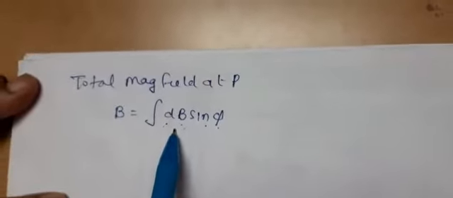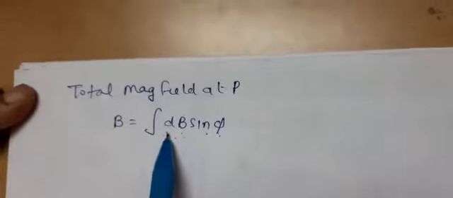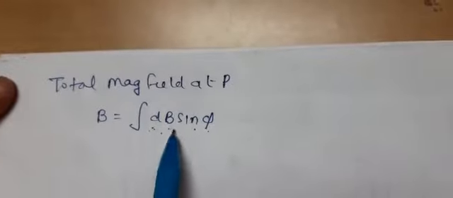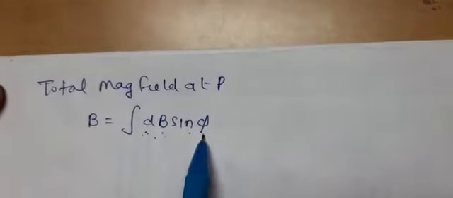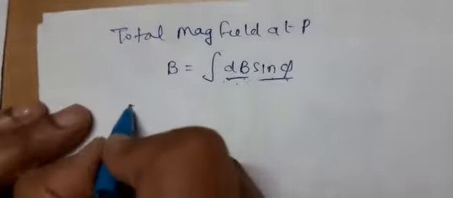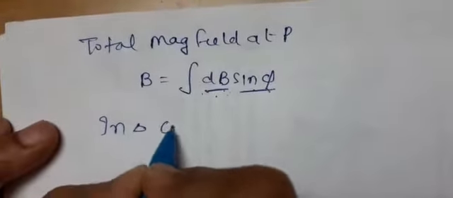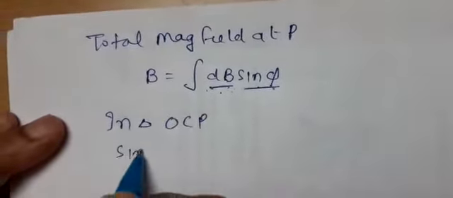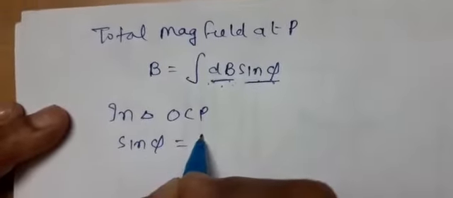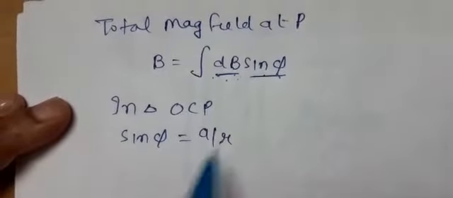This point you have to understand carefully: we only integrate one of the components, because the integration is over all the elements. Now dB is known to you, and sin phi, let me first calculate this sin phi in triangle OCP. Sin phi will be perpendicular upon hypotenuse, that is a upon R.